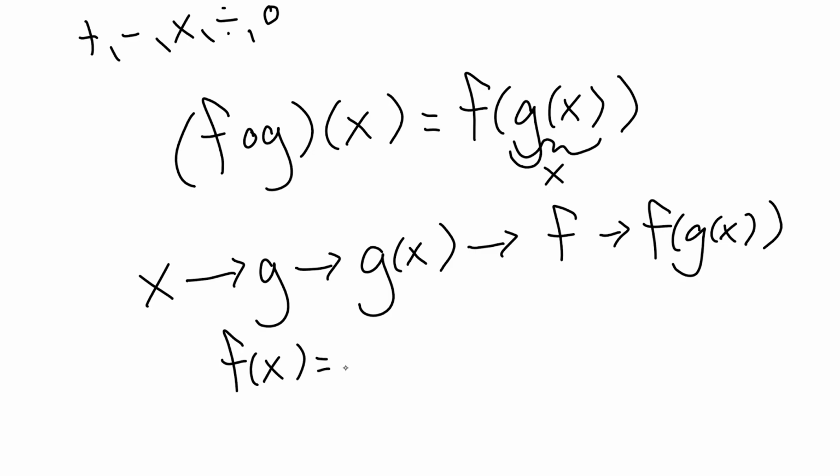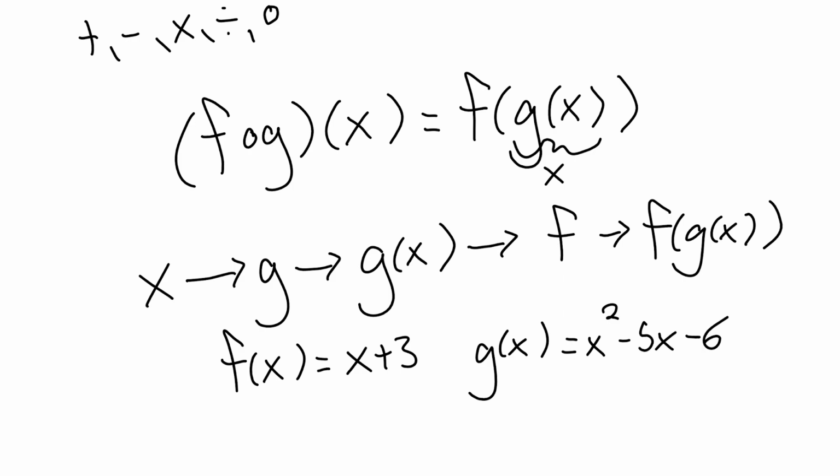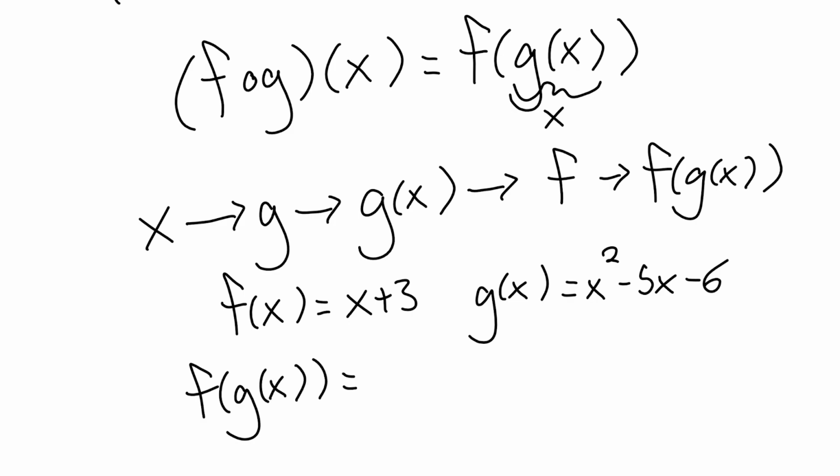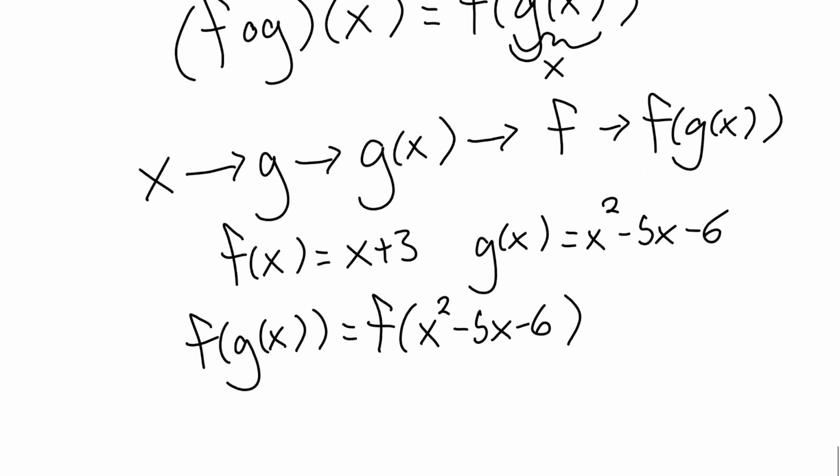If we use these functions, x plus 3 for f and x squared minus 5x minus 6 for g, then if we're doing f of g of x, we are really doing f of x squared minus 5x minus 6, because that's what g is. So everywhere that there's an x in the function f, we're going to replace it with this entire expression for g.